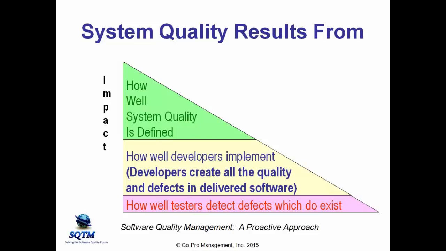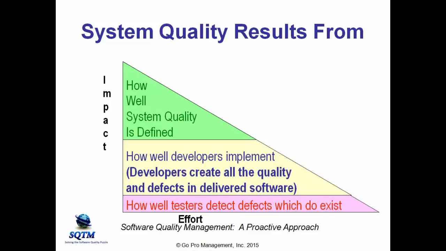The next most important impact on quality is how well the developers implement product systems and software to fit the quality as defined, requirements basically. And the least impact on quality is testing to detect defects that do exist.